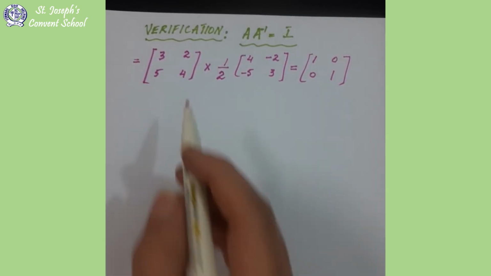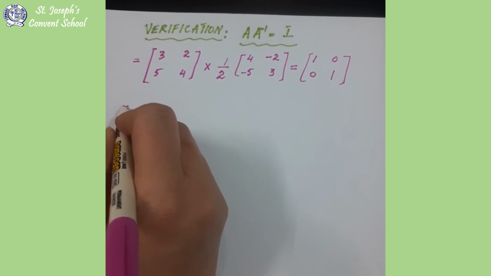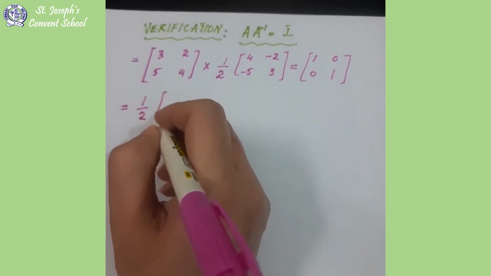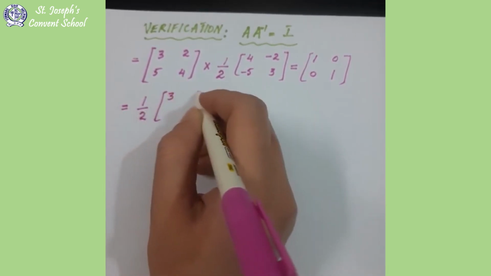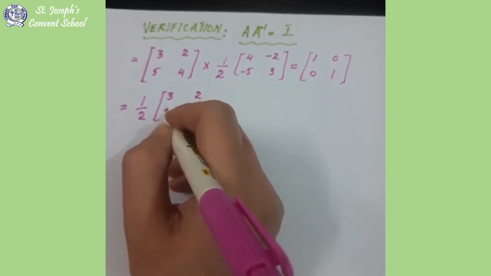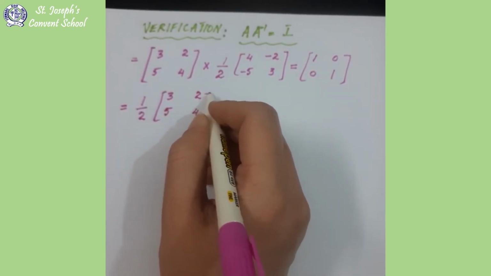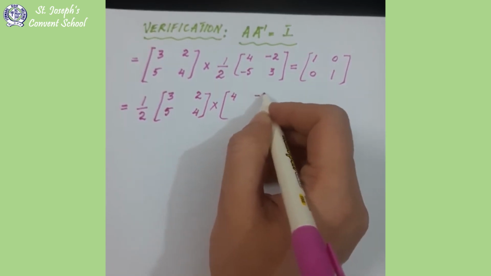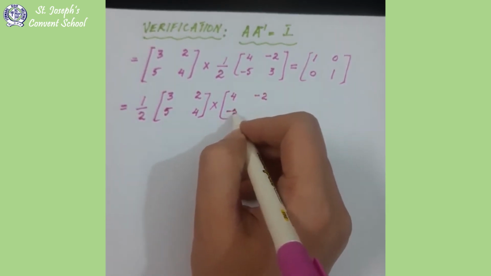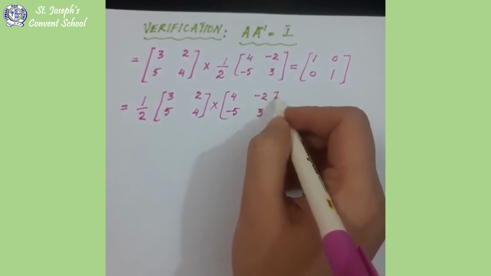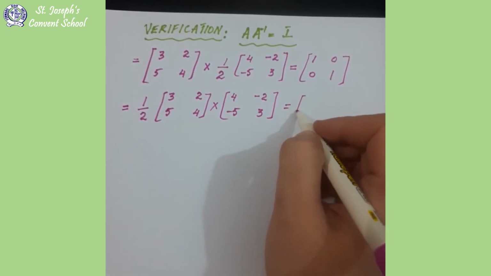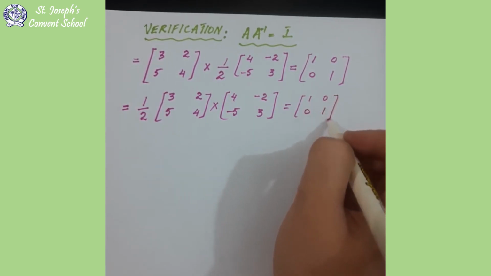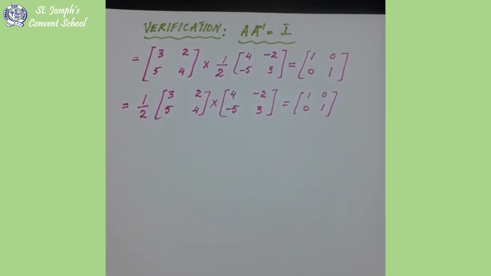So 1 upon 2, we will write it here in the beginning, 1 divided by 2, and multiply two matrices: 3, 2, 5, 4 into matrix 4, minus 2, minus 5 and 3 equals 1, 0, 0, 1.